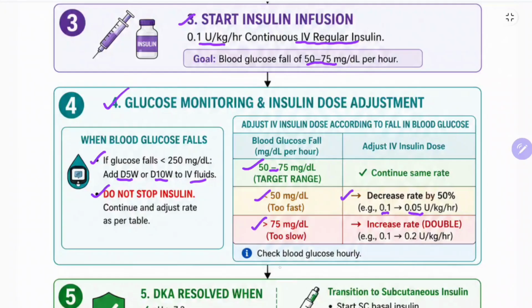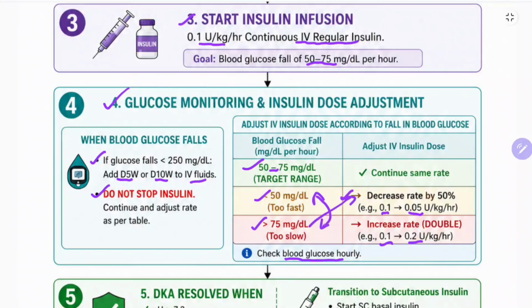If the glucose is falling more than 75 milligram per deciliter, increase the rate, 0.1 to 0.2 units per kg per hour. Check blood glucose hourly. Sorry, it is actually reverse.